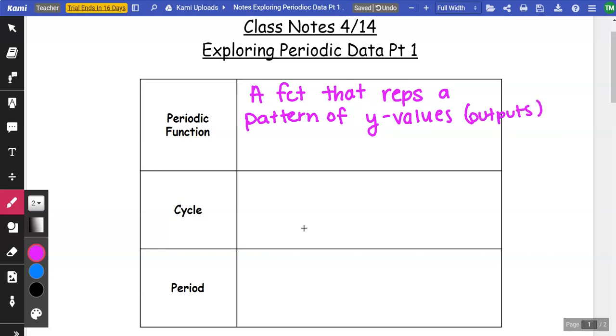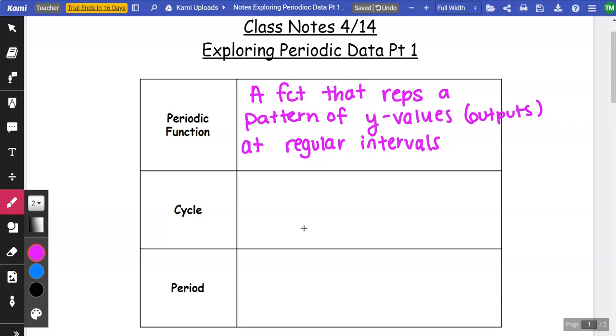When you have a periodic function, that means you have this pattern of outputs, or y values, occurring at regular intervals. We'll talk about what that means in just a little bit. So a periodic function is a function that repeats a pattern of y values, or outputs, at regular intervals.